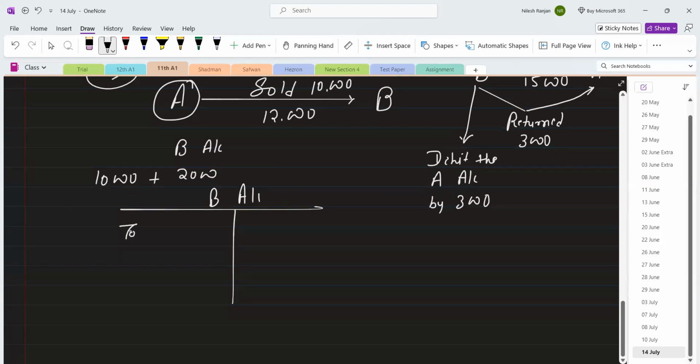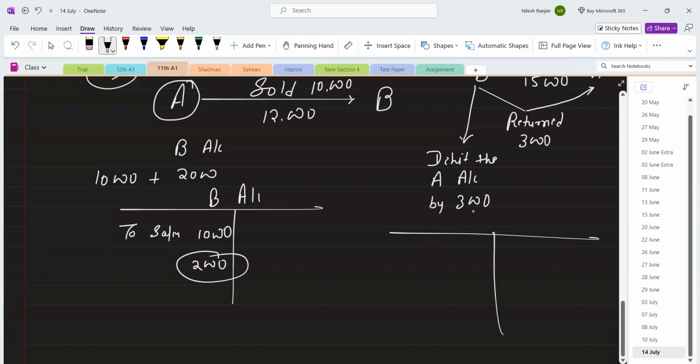Yes, sir. When we sold goods, it will be B account debit to sales 10,000, and 2,000 will be added here. In A account, purchase 15,000, and there is a return of 3,000.